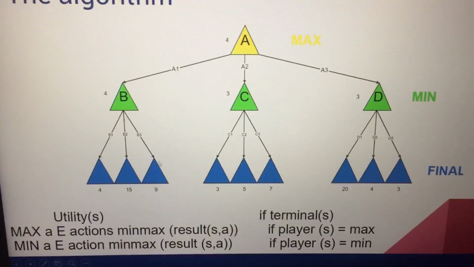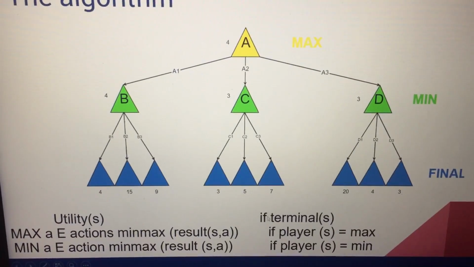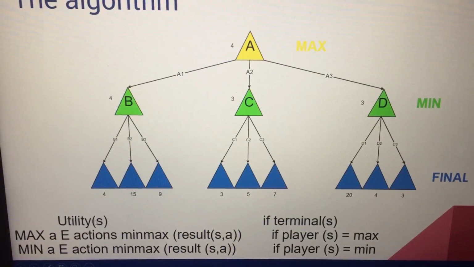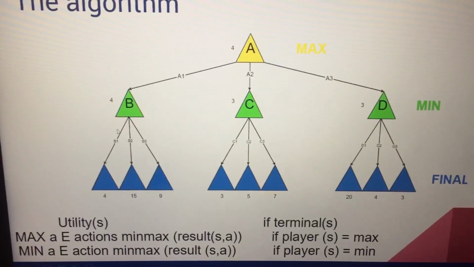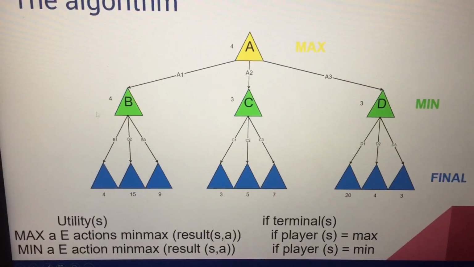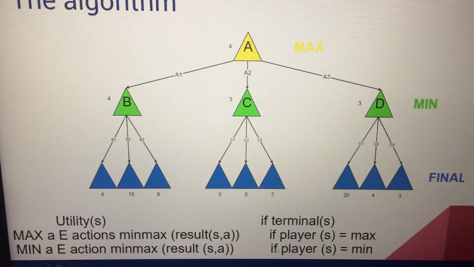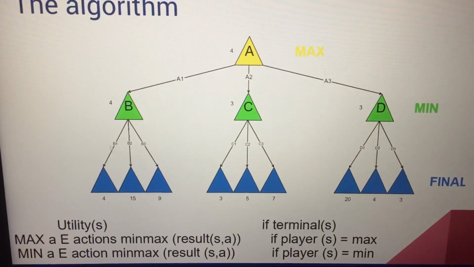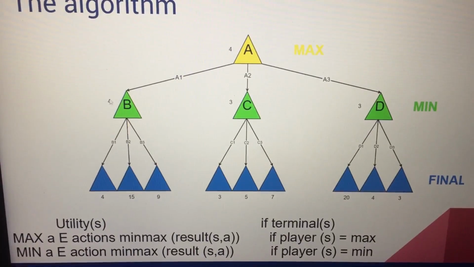And then I go to B3, and this is a terminal state, so I return the utility value, which is 9. So I return with this line here the minimum value for all these possible moves, which is 4.